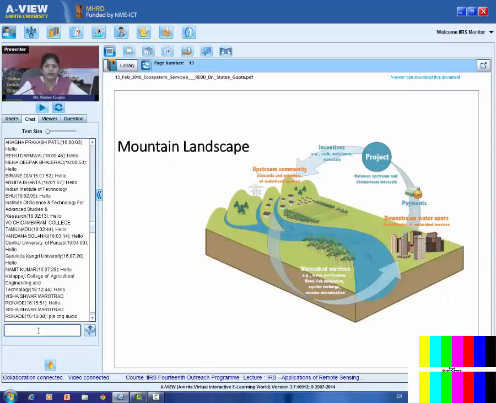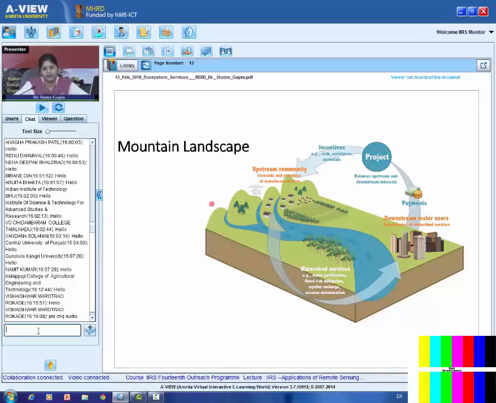Now here I would like to present some examples of landscapes where various ecosystems interact and have an impact on other ecosystems, which is what we try to present here: the interdependence of ecosystems. For example, this particular example is a small mountain landscape. Here we have an upstream with some mountains, and then there is a community in the downstream. Whatever activities are done in the upstream regulate the processes downstream.